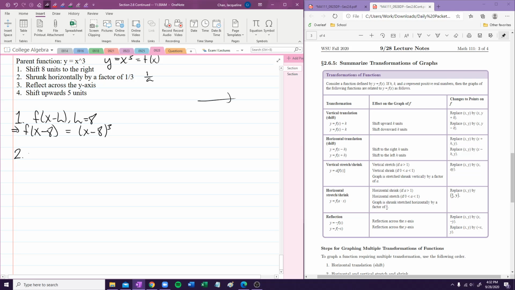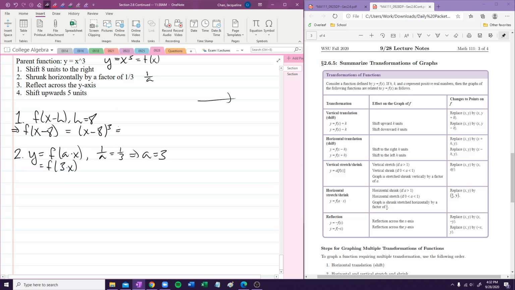Shrunk horizontally is represented by y is equal to f of a times x. In this case, 1/a is equal to 1/3. When you solve it, you get a is equal to 3.